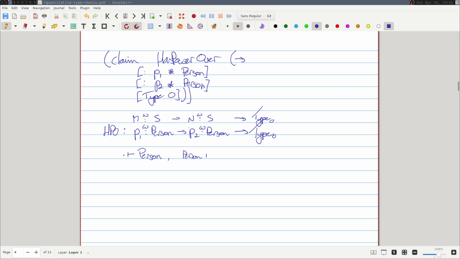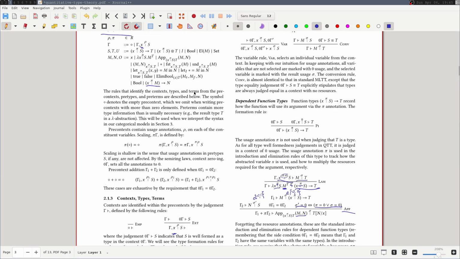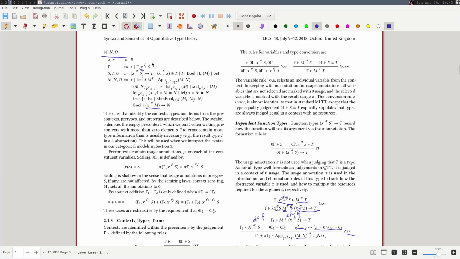And from person, we're going to claim that you can conclude what? Nothing. I don't think anything. Not right now. Okay. And so person is a type. How can we mark that? Is there an easy way to mark that? Well, it's not really included in this theory, really.